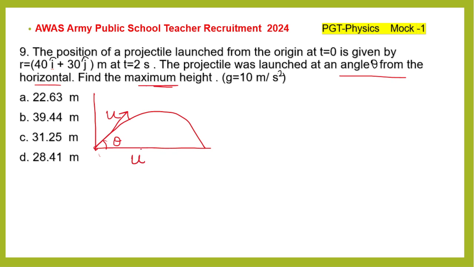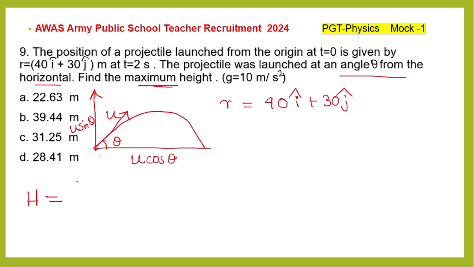So here it is u cos theta along the x axis, and here it is u sin theta along the y axis. Okay, here the position vector is given, that is r is equal to 40i plus 30j.